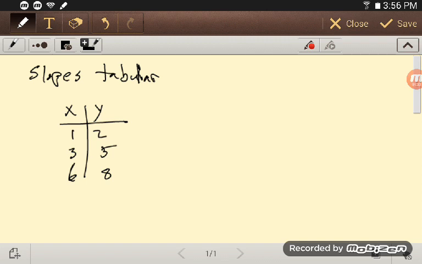Now we'll just do it with a few points here. But now notice if I take different combinations.